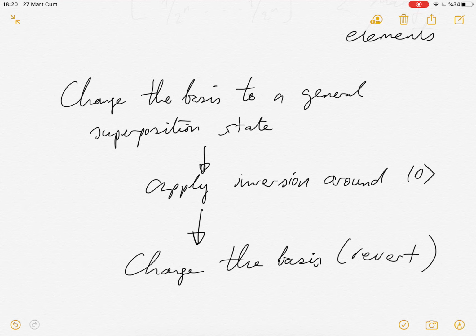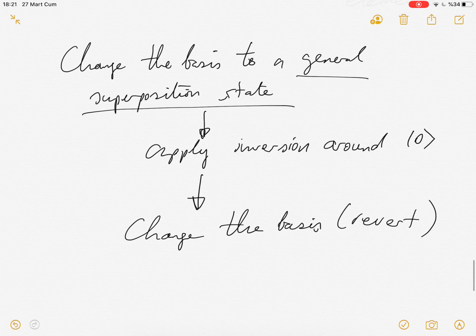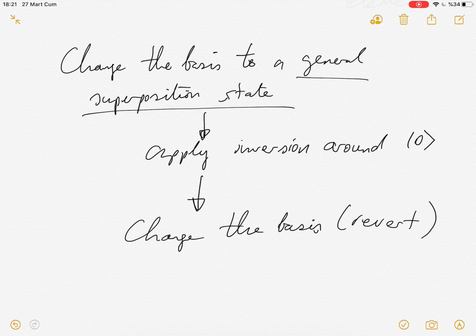But then it will look like we applied inversion around the general superposition state. Okay? So we use this quite often in quantum algorithms. First we change the basis, apply some operations, some unitary transformations, and then revert the basis back to its normal state. Okay, back to the normal basis.